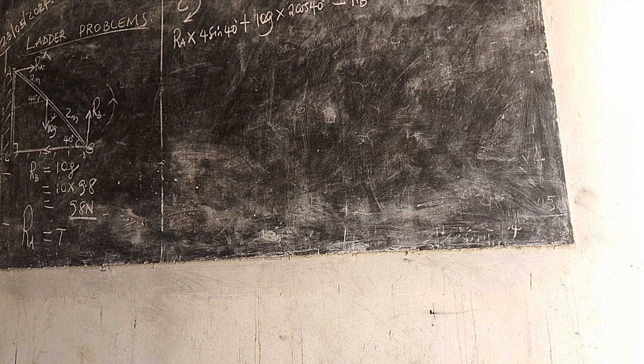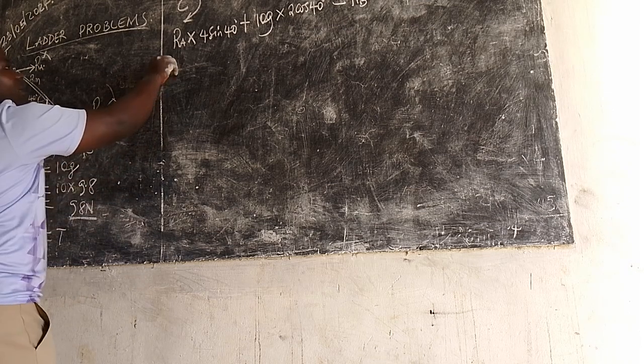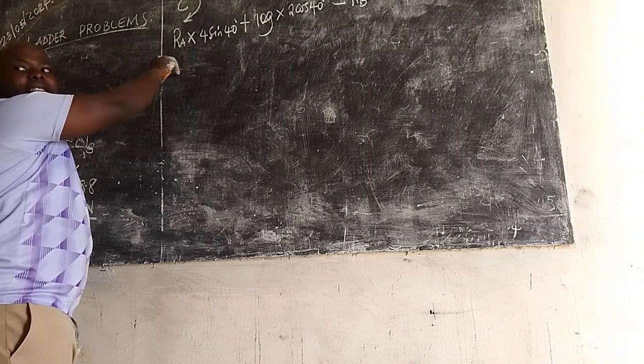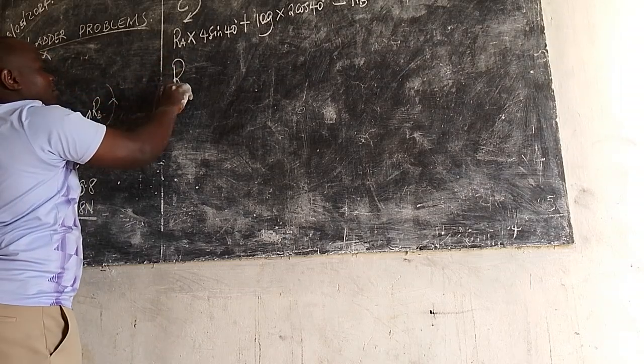So I'm going to now sort things out. I already have RB. RB is 98. So I can make RA the subject of the formula. Since you are an advanced student, you will see the step.